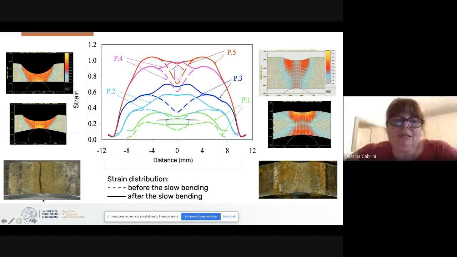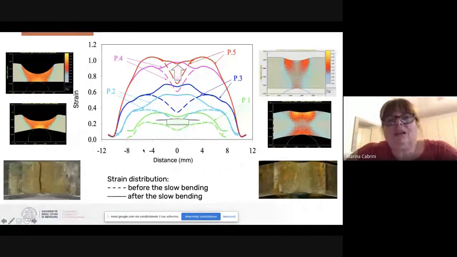In this case, there is only one very deep crack in the center of the specimen, in accordance with the high deformation area. In this way, it is possible to reproduce the real condition of straining and the effect of this straining on hydrogen embrittlement.